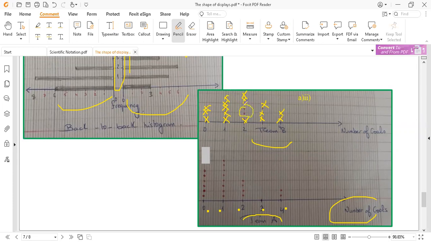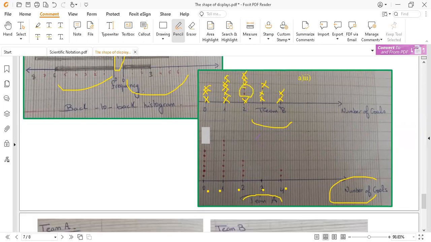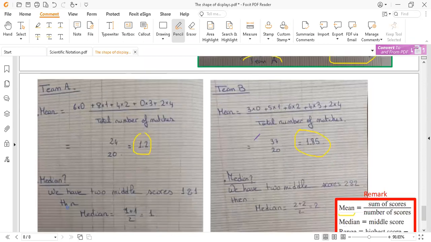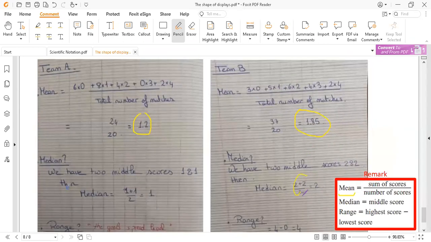We obtain two middle scores. When obtaining two middle scores, we add them and calculate the average: 2 plus 2 over 2, so we divide the sum of these two middle scores by 2 to obtain 2.